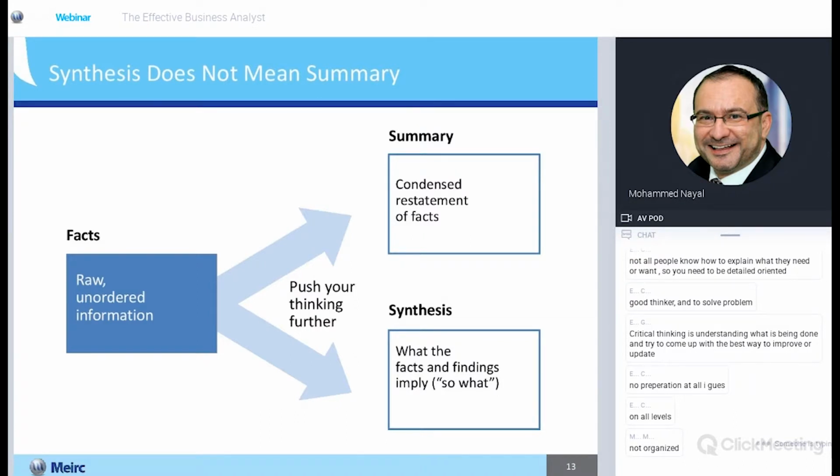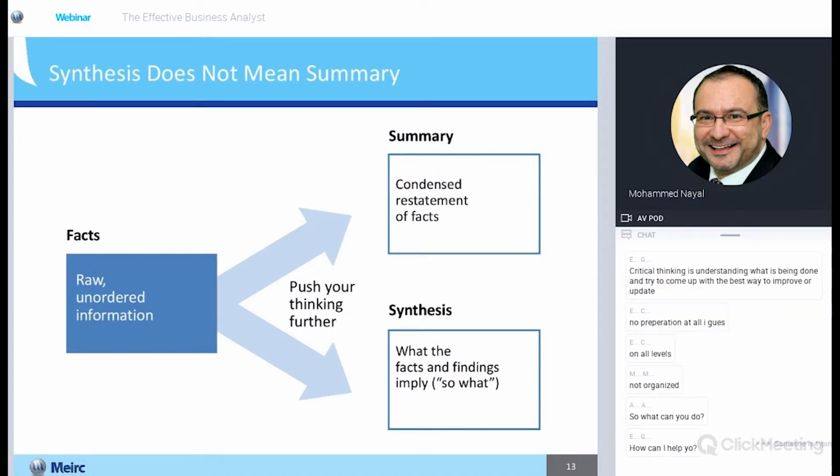Well, summaries are okay, but they're not really what people want. So being not organized and being sloppy on all levels, that's an okay synthesis. But I want you to push your thinking further. What would you tell my colleague? Okay, good. How can I help you? Plan. Yes, all right, good.